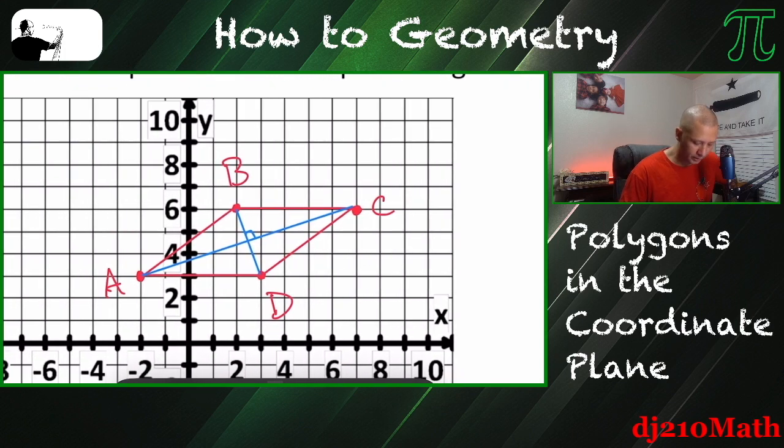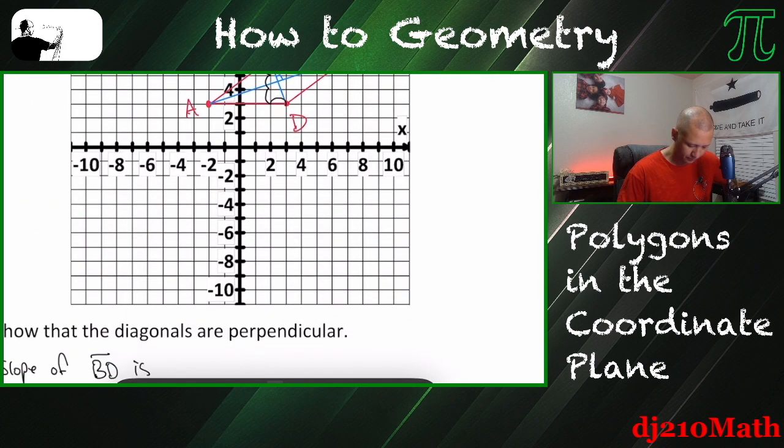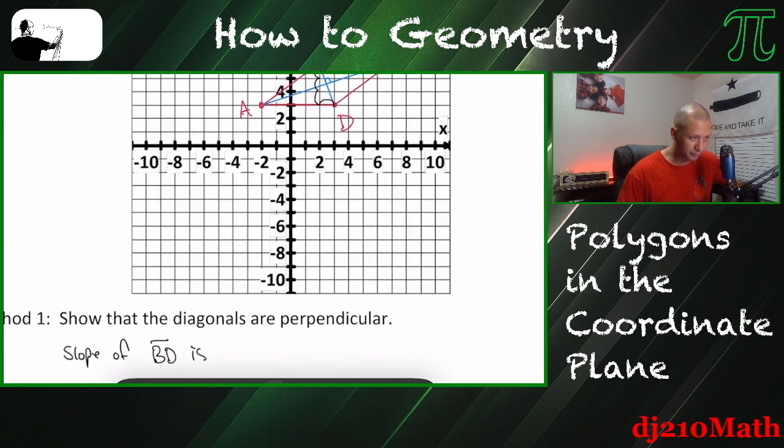Starting at B going down to D, so negative 1, 2, 3, and to the right 1. So negative 3 over 1. So the slope of BD is negative 3 over 1, or just negative 3 rather, however you want to look at it. But negative 3 over 1, that's the slope.